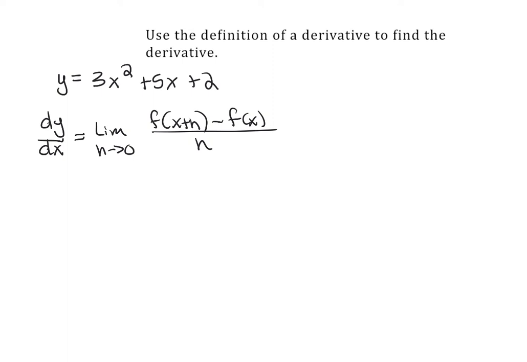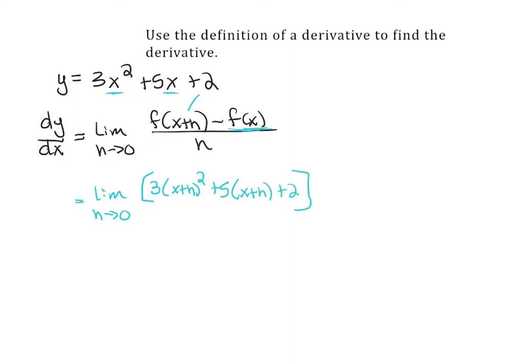Okay, so let's use this function now. We're going to plug in that x plus h in for x, and then we just have our f of x. So limit as h approaches 0 of, I'm going to put this in brackets here, 3(x plus h) squared plus 5 times (x plus h) plus 2.